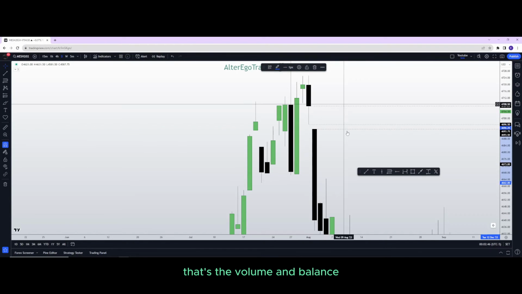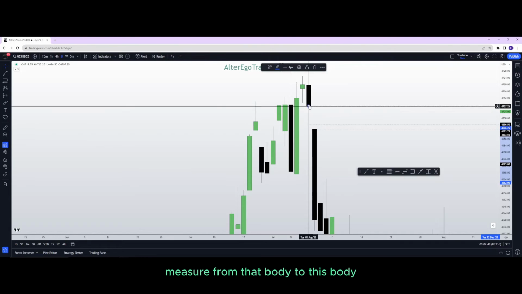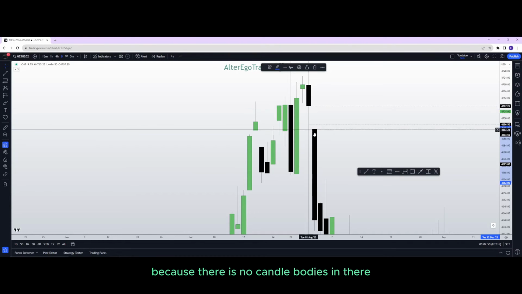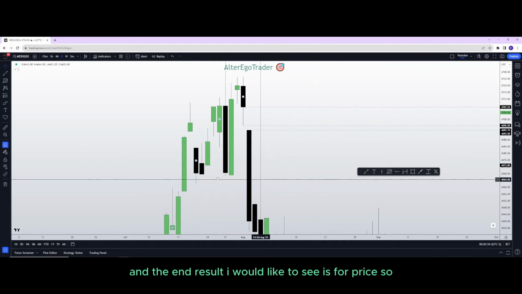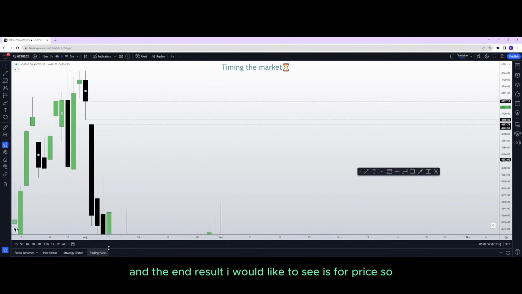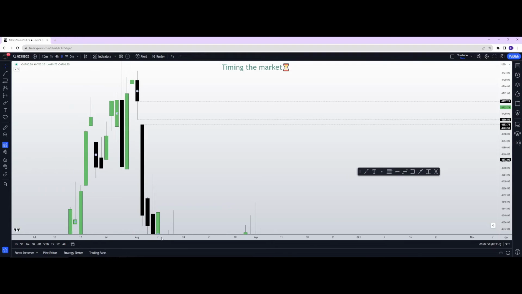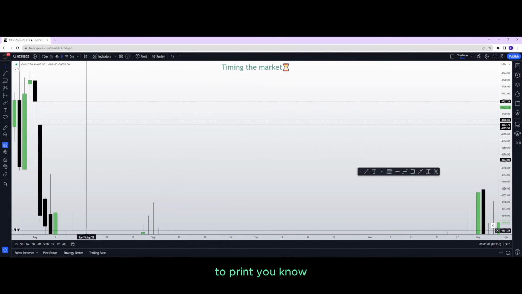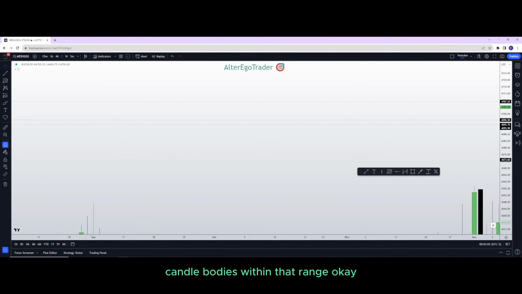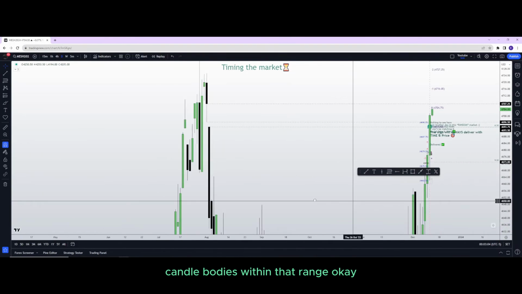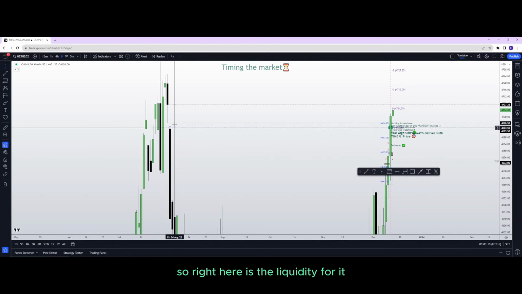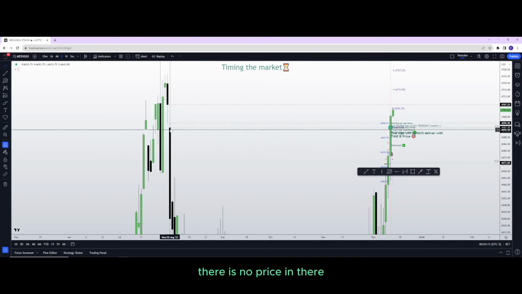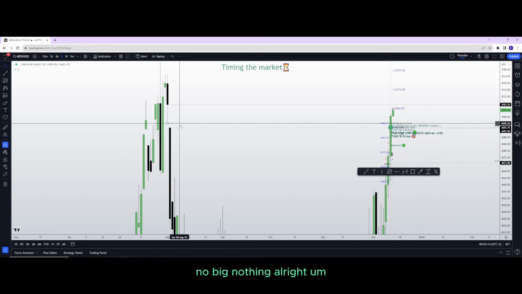That's the volume imbalance measured from that body to this body, because there are no candle bodies in there, and the end result I would like to see is for price to print candle bodies within that range. That's happening already, as you can see. So right here is the liquidity void, because there is no trading, no price in there, no wick, nothing.